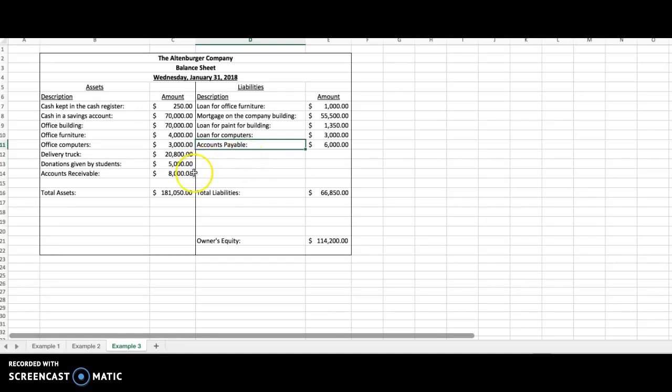So as an example, if we bought inventory of $500, we would add it over here in this asset section. We would have inventory, and we would put $500 right there, which would increase our total assets.